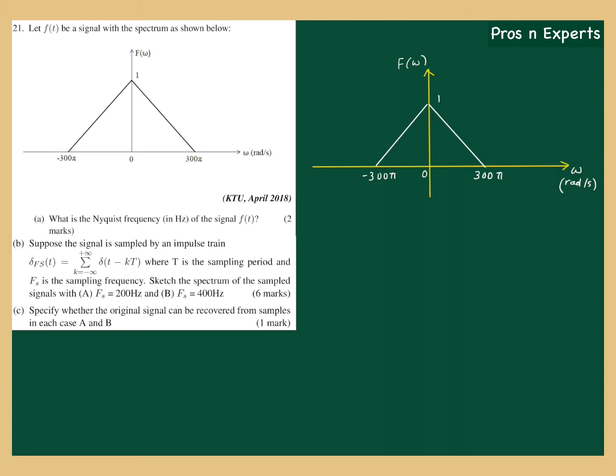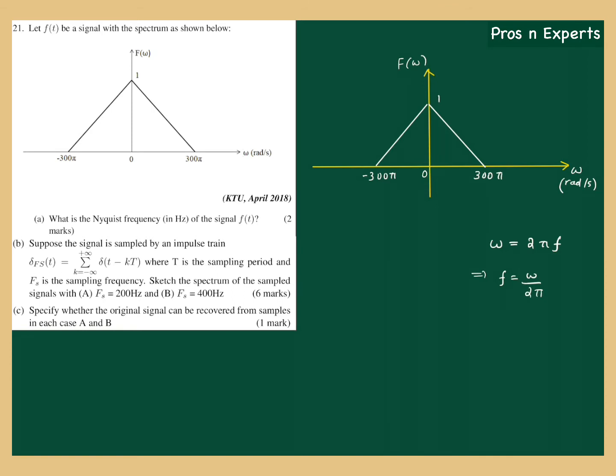So I think it will be safer if you convert the entire spectrum into hertz instead of omega. How can you convert omega into frequency in hertz? We have the equation omega equal to 2 pi into f, where f is the linear frequency. That implies f is equal to omega by 2 pi.